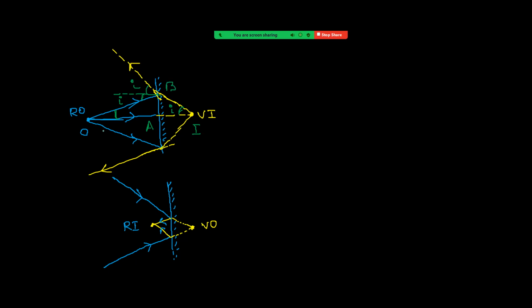Now see triangle OAB. Next ABI. These two are now similar triangles because here angle is I and this angle also same. This is now common for both. That means from this diagram we can say OA is equal to AI. See carefully. I am saying that OAB, ABI, these two triangles are similar because angles are same.